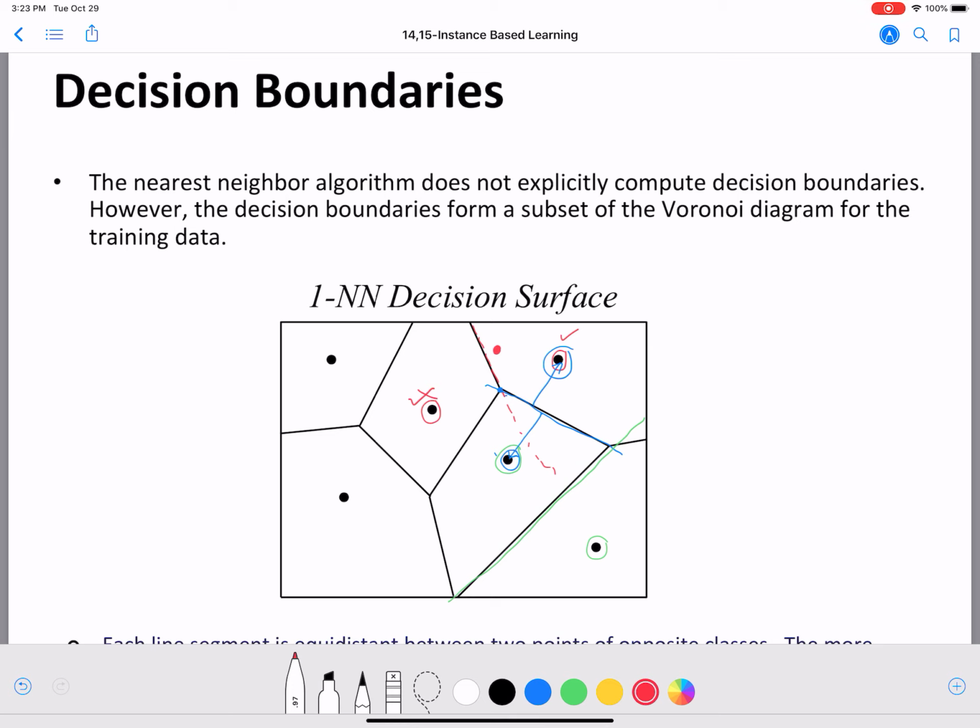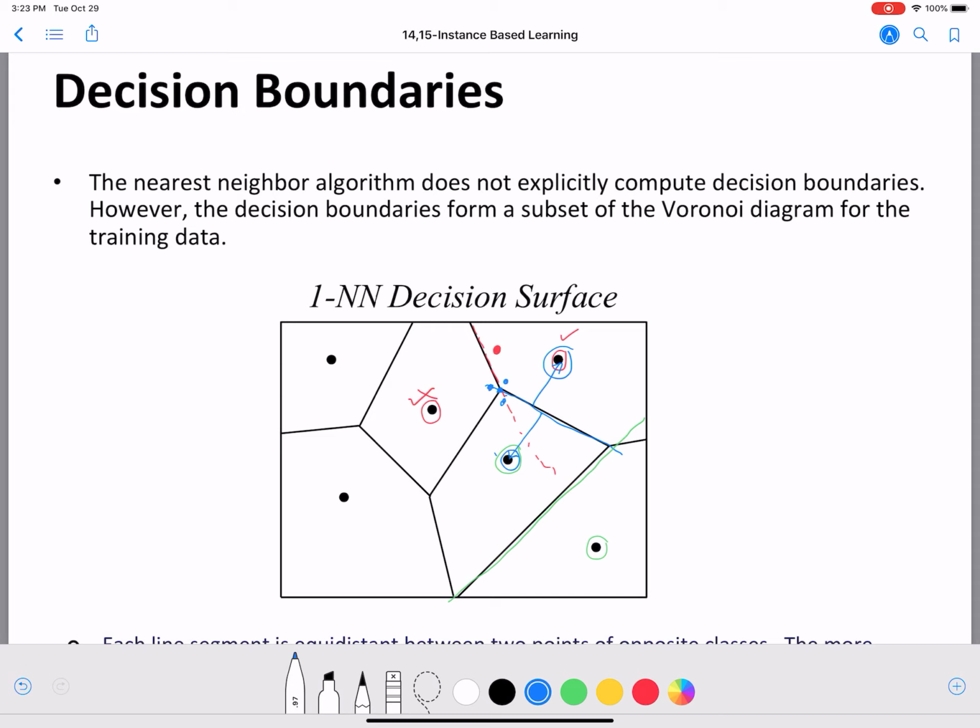And when 3 points are involved, then you need to look at this intersection right here and then see on which side the point lies, here or here or here. So that's why the boundary becomes complex when multiple points are involved.